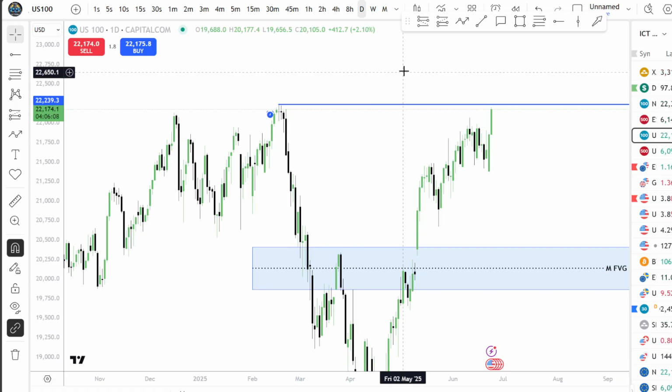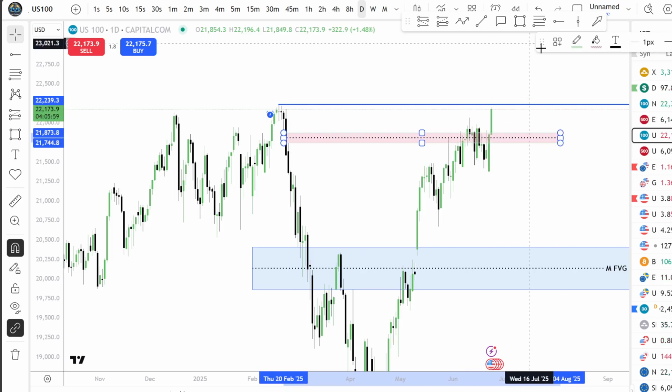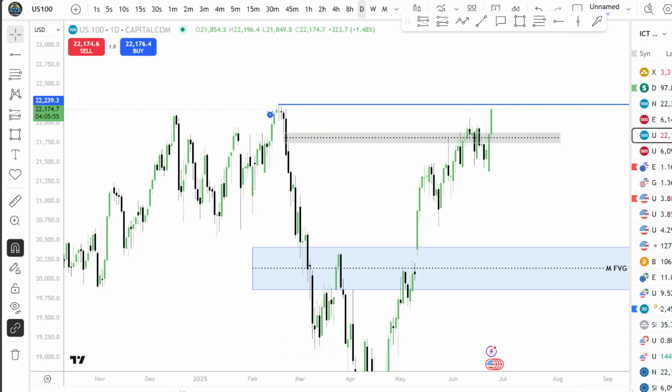We have here closed above this daily fair value gap, so yeah, the all-time highs are up for grabs. Really up for grabs.